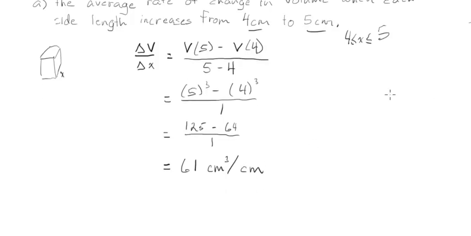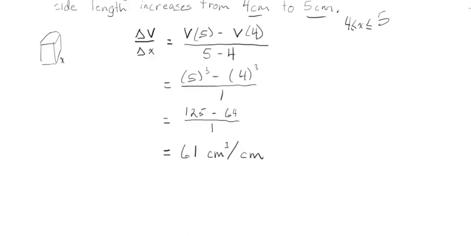So what this means is as the side length increases by 1 centimeter, from 4 to 5 centimeters, the volume is increasing by 61 centimeters cubed. Okay, so that's the rate of change.